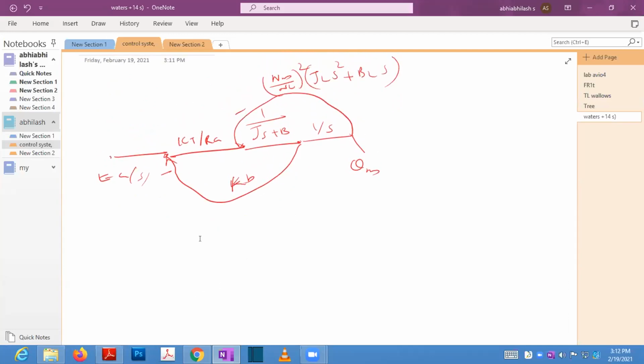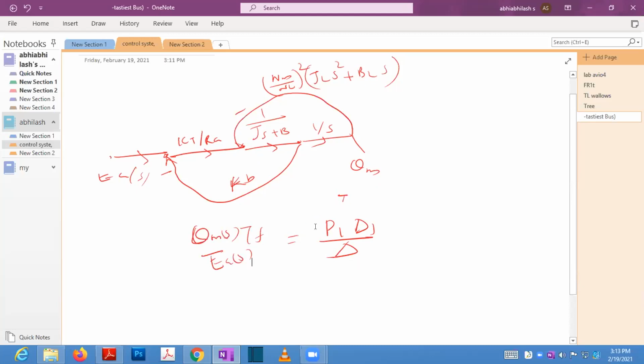So here there is only one forward path. This is the only forward path, and this is one loop, and this one is another loop. Non-touching loops are nil. So your Mason's gain formula will be reduced to P1 delta 1 divided by delta, the transfer function theta m upon EA of s.